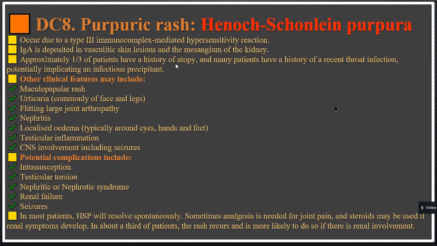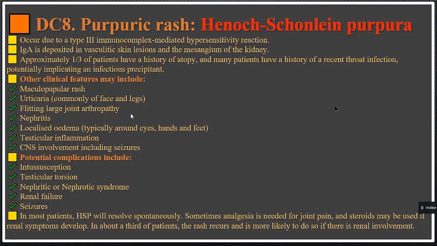One third of patients have a history of atopy and many patients have a history of recent throat infection. The most important here is the clinical features. They can mention in the scenario maculopapular rash, urticaria, also nephritis, testicular inflammation, central nervous system involvement, like the patient has seizures.